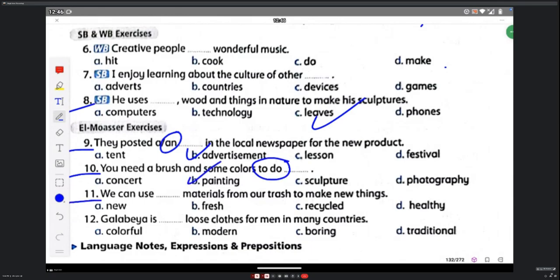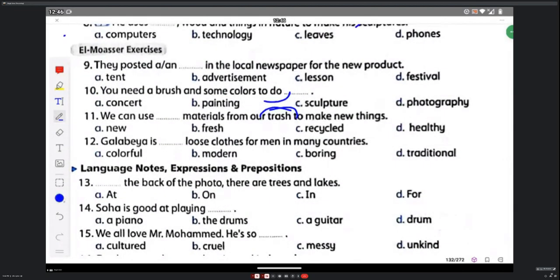We can use material from outside, recycle from trash. Number 12, the galabiya is traditional clothes for men in many countries, Arab countries anyway.